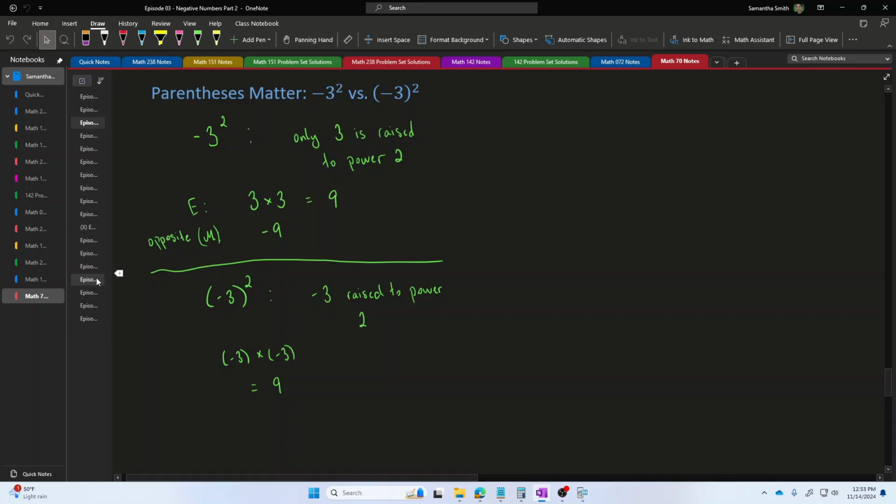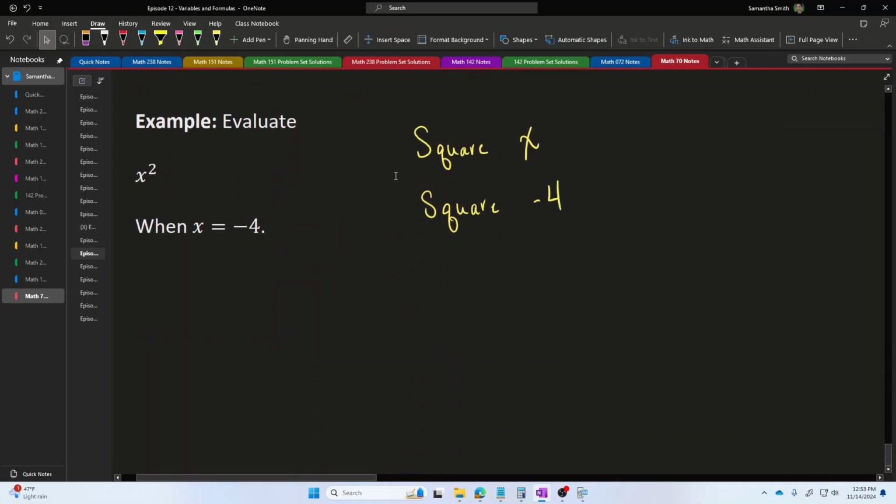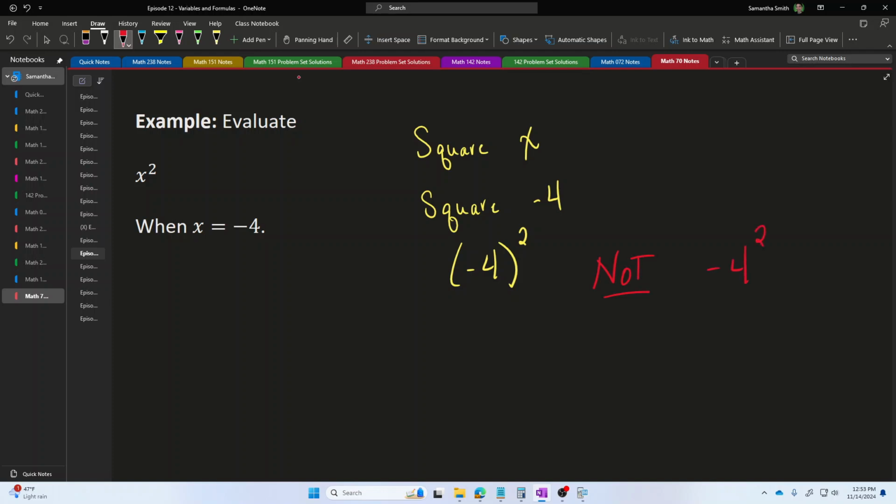And so I'm going to have to do the same thing down here in episode 12. If I want to communicate square minus 4, I have to put the minus 4 in parentheses and apply the 2 to that entire quantity. I cannot get away with negative 4 to the power 2 because this is not going to square minus 4.